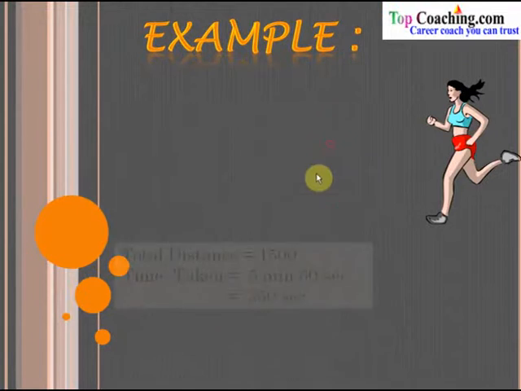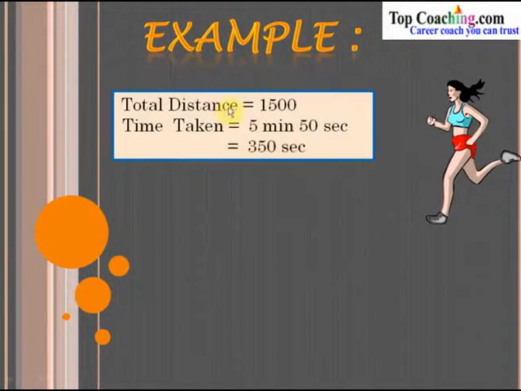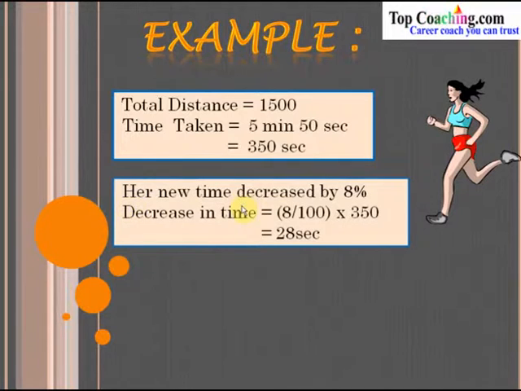So the total distance is equal to 1500 and the time taken is 5 minutes 50 seconds, which is equal to 350 seconds. We convert the minutes into seconds and so we get the total time taken to be equal to 350 seconds. Now her new time decreased by 8%, given that through practice she decreased her time by 8%. So the decrease in time would be 8 by 100 into 350. 350 is the original time taken.